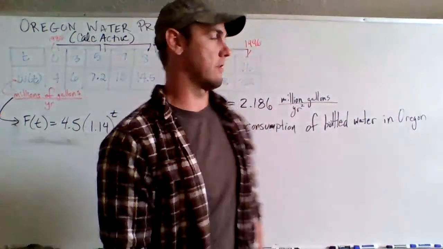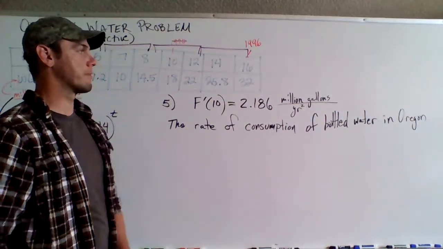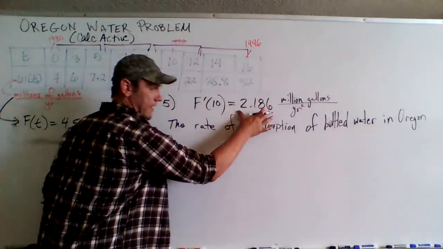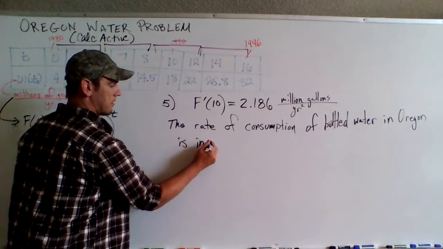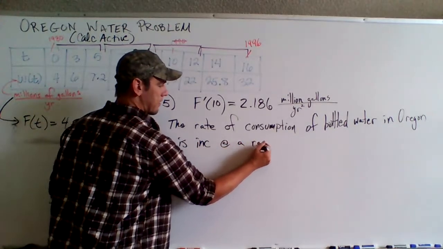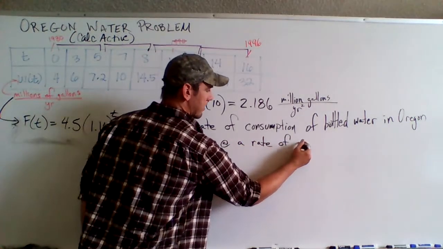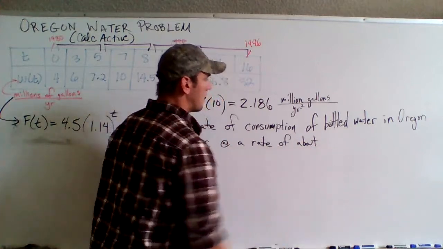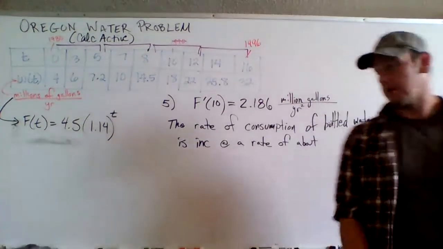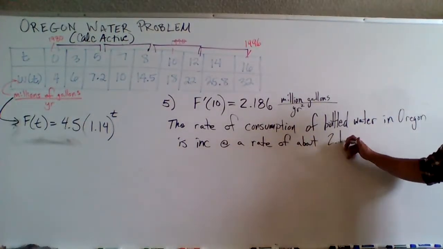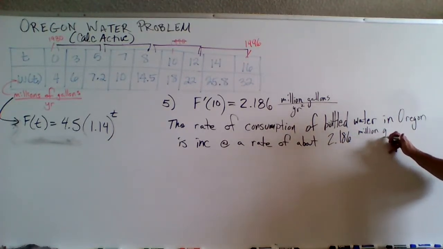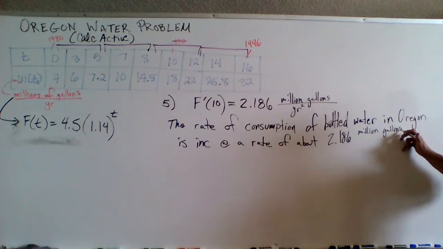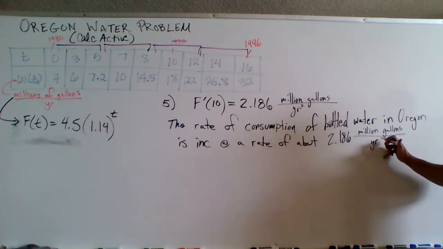Now we can actually get into the meaning. So f prime of 10 is positive, so we're going to say it is increasing at a rate of about 2.186 million gallons per year squared.